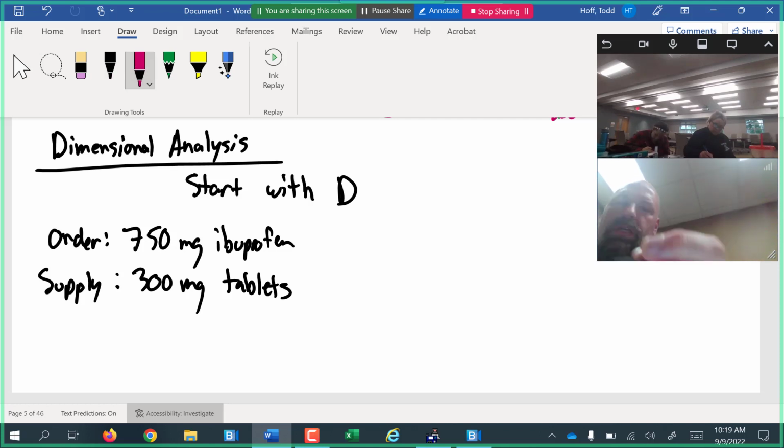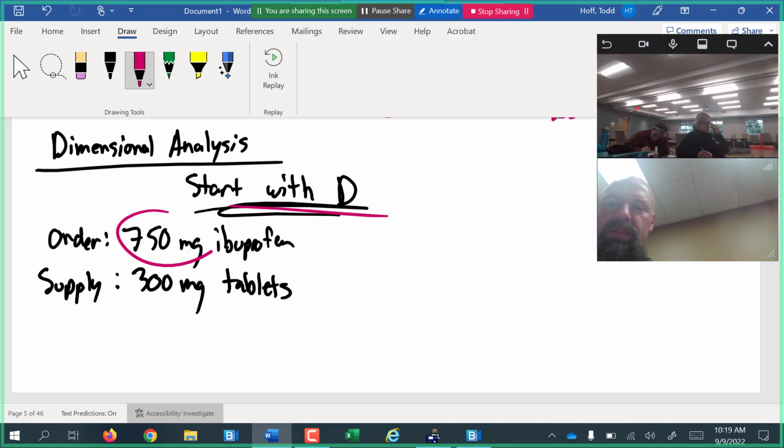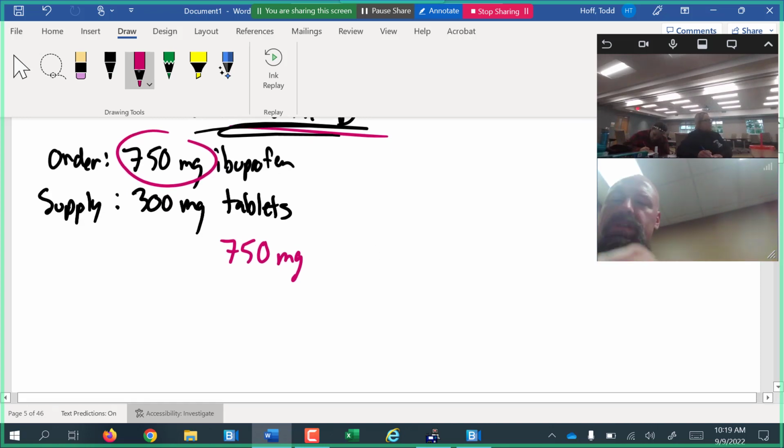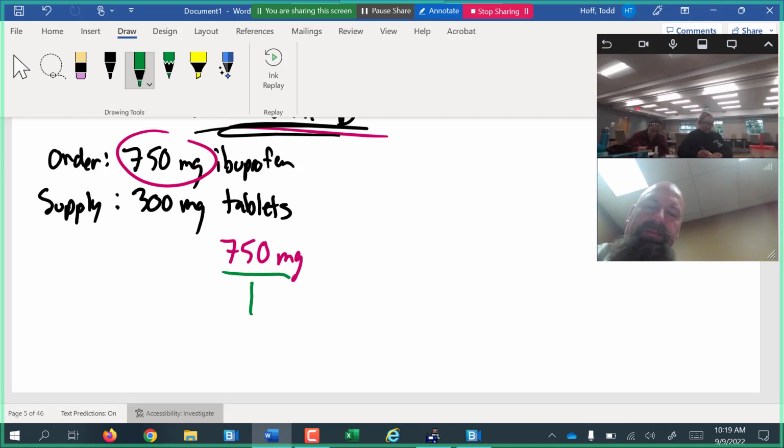So if I'm using dimensional analysis, I start with the doctor's order, 750 milligrams. And just like I did with my measurement conversions, I turn it into a fraction. I put it over 1. Now I'm going to multiply by an equivalency.